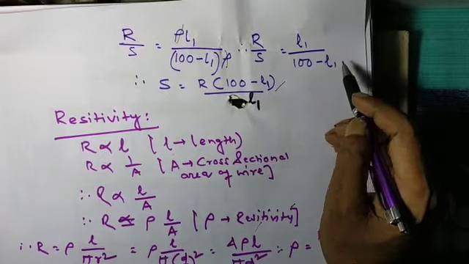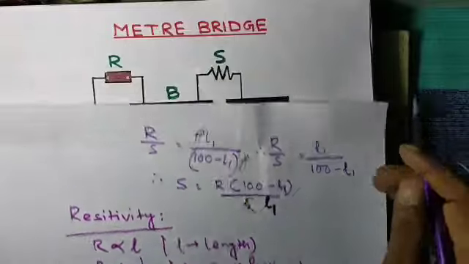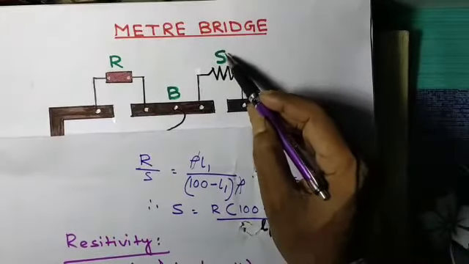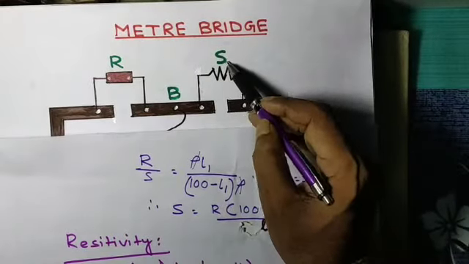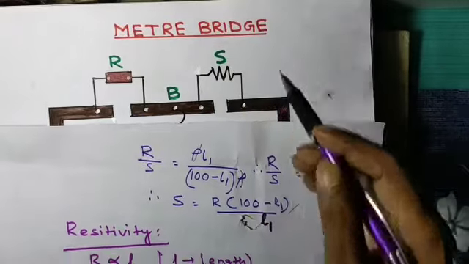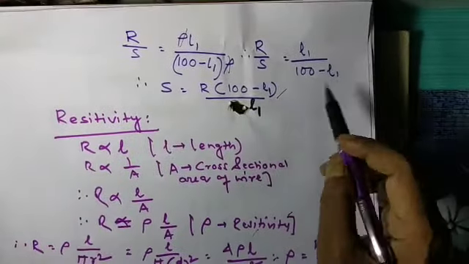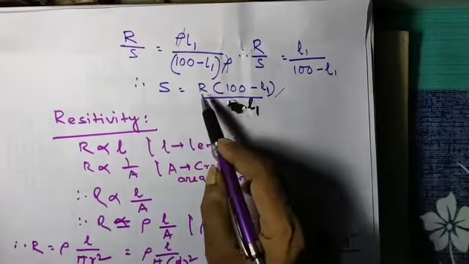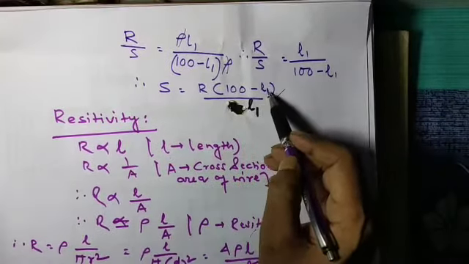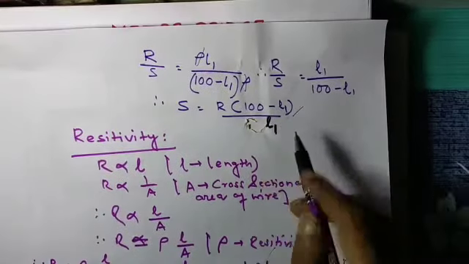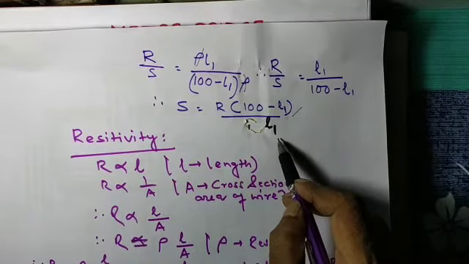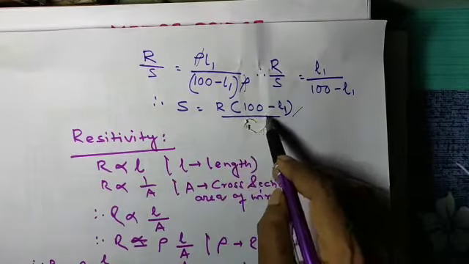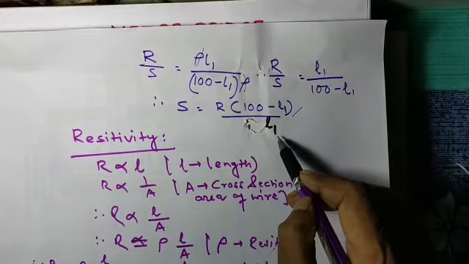So what we have to do is calculate the value of the unknown resistance S. From the formula, S is equal to R into (100 minus L1) by L1.